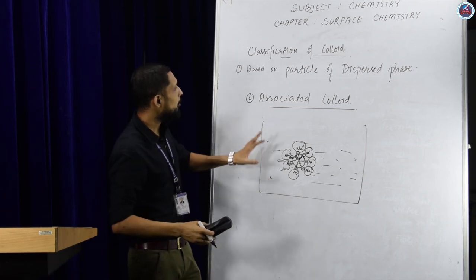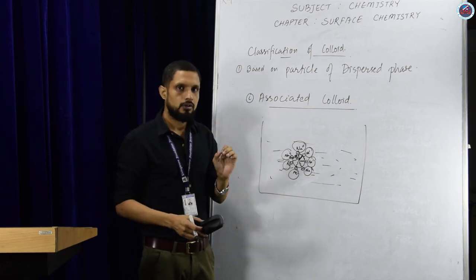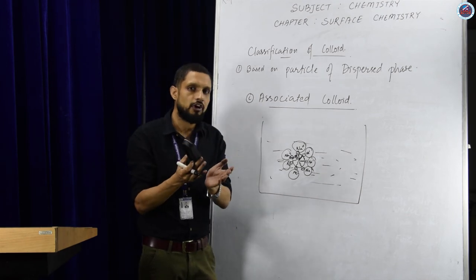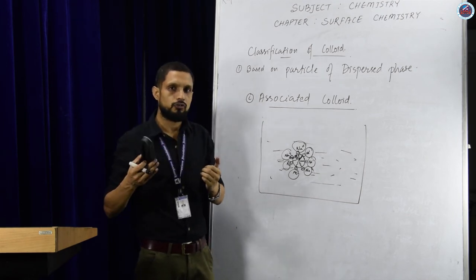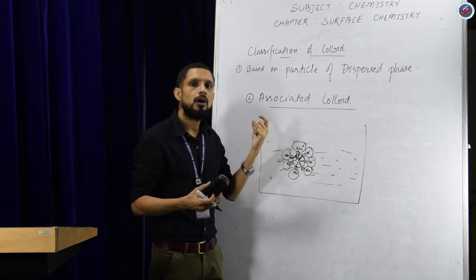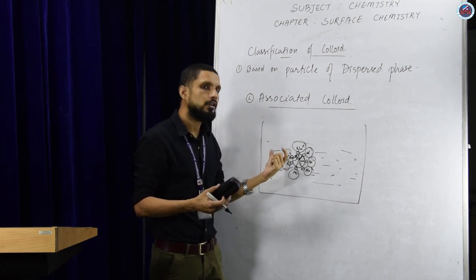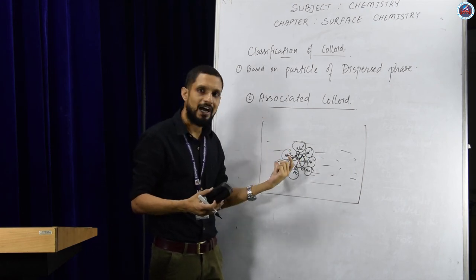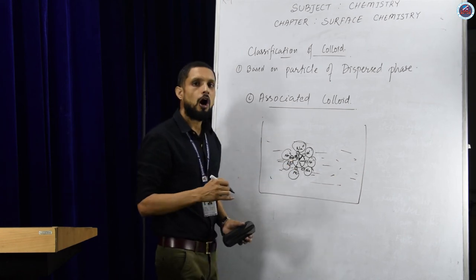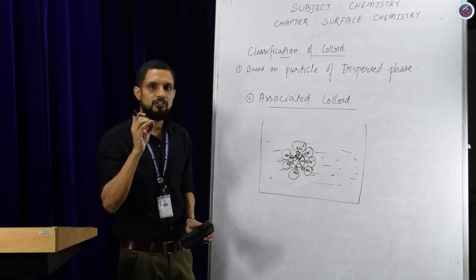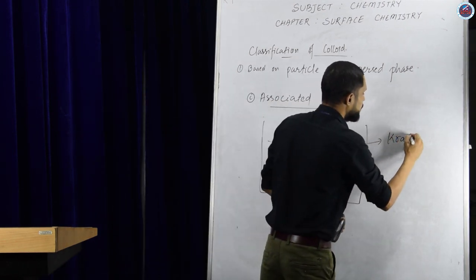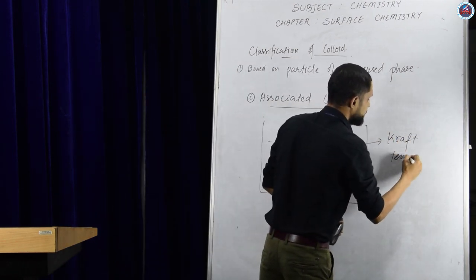So that is how an associated colloid works: if you take a low concentration of a substance, it will act as a strong electrolyte. But if you take a high concentration, it will form a colloid. And this aggregate is known as micelle. Now, this micelle is formed at a specified temperature, and the temperature is known as Kraft temperature.